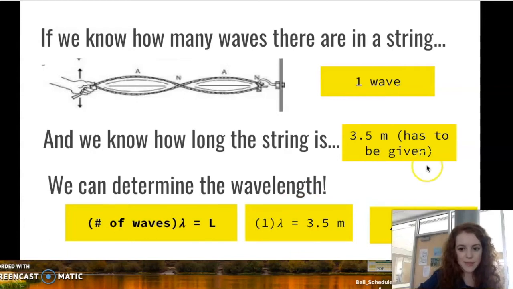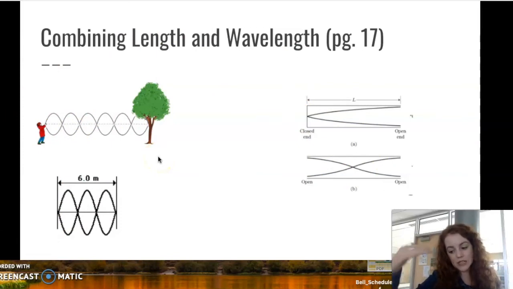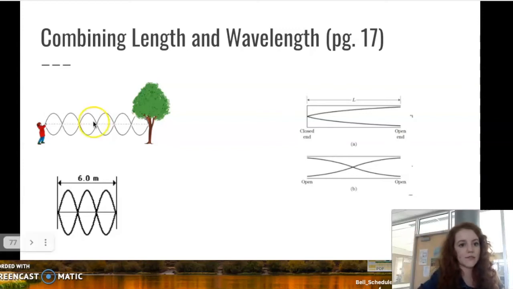Okay, let's try some more. So you try to count these 4 waves. So count how many wavelengths there are in 1, 2, 3, and 4. You try. I'll give you 1 minute.